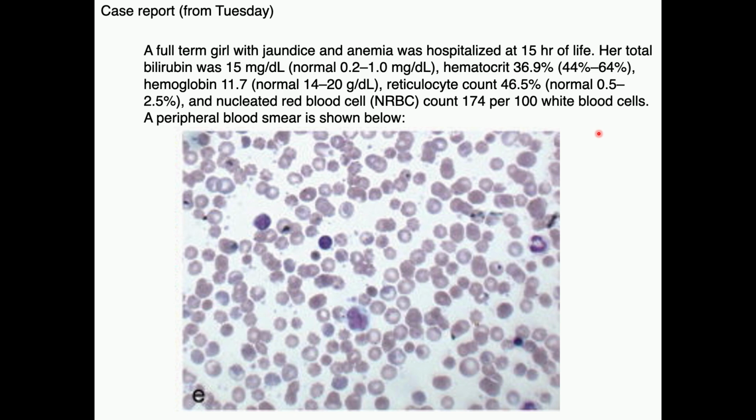She had low hemoglobin and low hematocrit, so that's the anemia. She had a high reticulocyte count, so that's indicating that the bone marrow is responding. She's trying to compensate for the anemia by increasing the rate of red blood cell production. And elevated bilirubin as well.